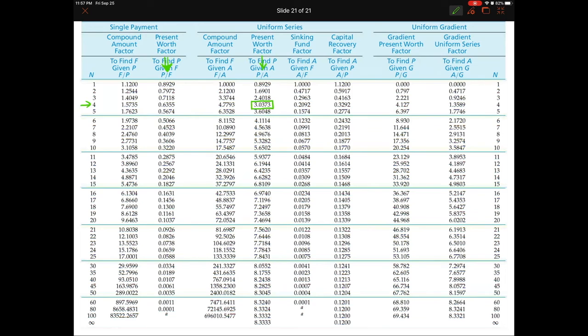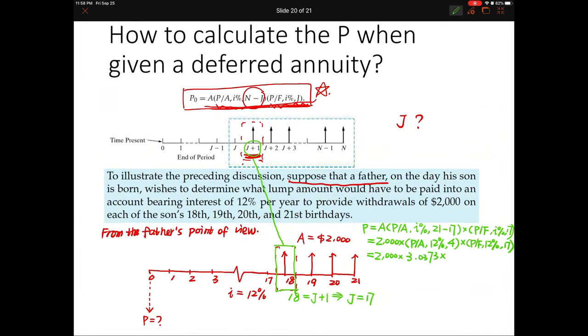And N is 17. Okay, so 17 is here. So that's the second factor's row you're looking at. So this is the value of the second factor. So it is 0.1456. So calculate that. Then you will get 884.46.